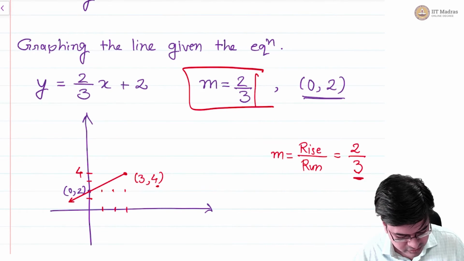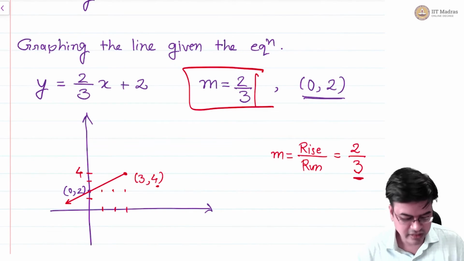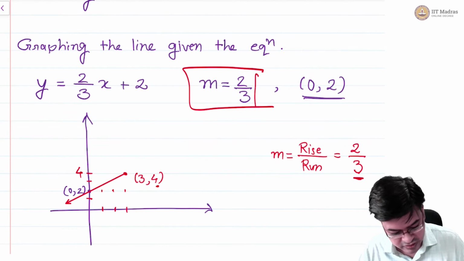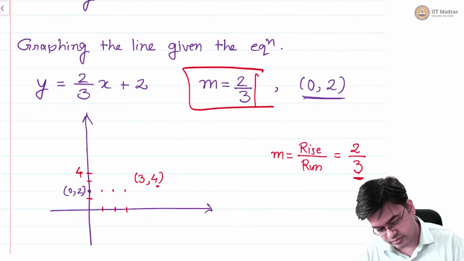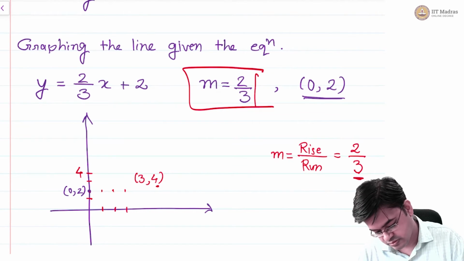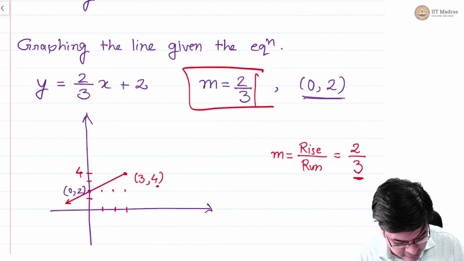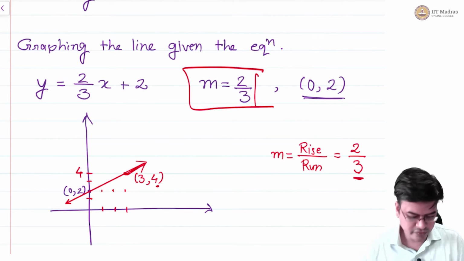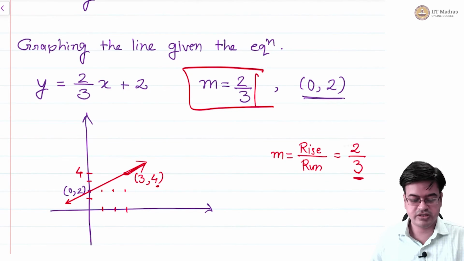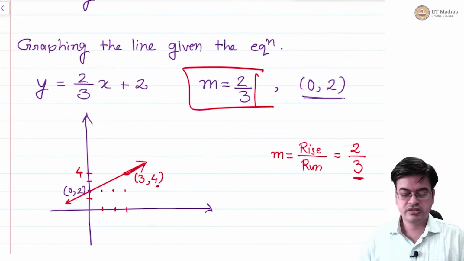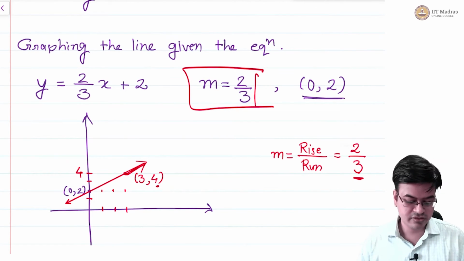Yes, so this is a line passing through these 2 points. You can extend it slightly. So this is how you can draw a line passing through these 2 points. Fine.